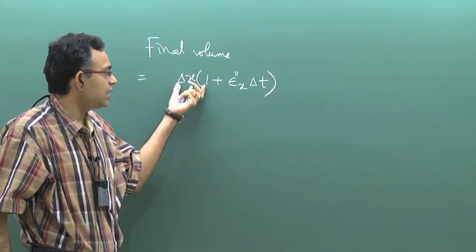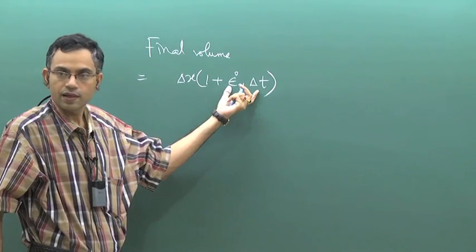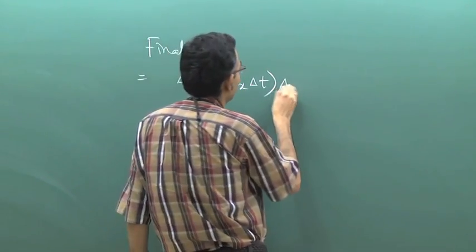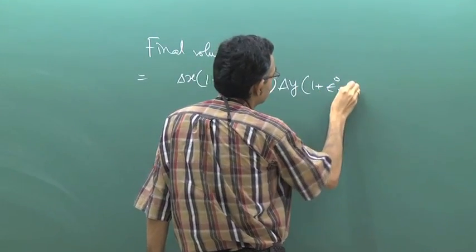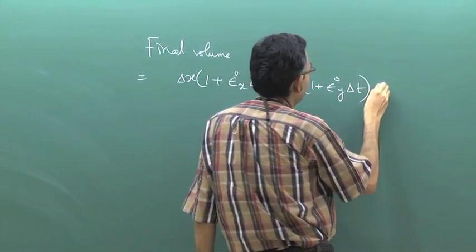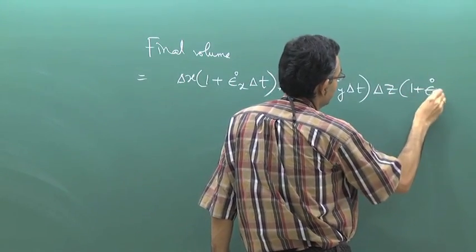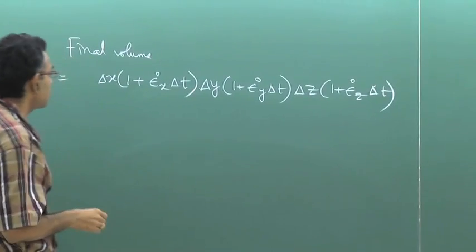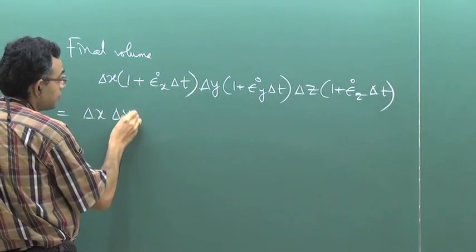This is the original delta x plus the change in delta x. So, this is the new delta x. Similarly, you have a new delta y and you have a new delta z. So, you can simplify this a little bit.